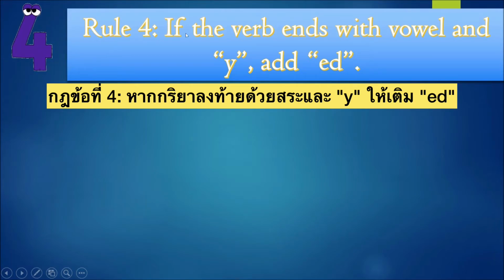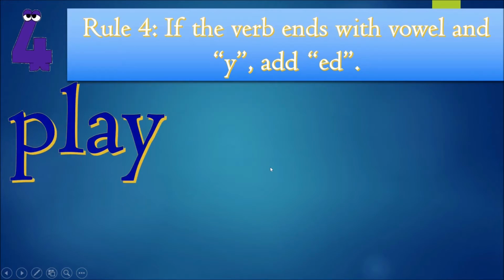So, if the verb ends with vowel and Y, add ed. So, vowel and Y. Okay? Earlier in rule number 3, we have consonant and Y, so you change the Y to I and then add ed.